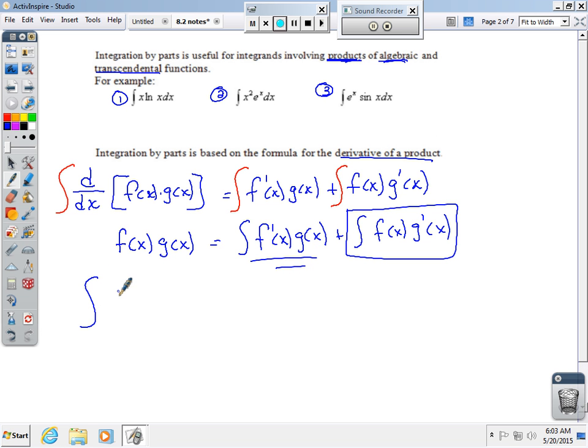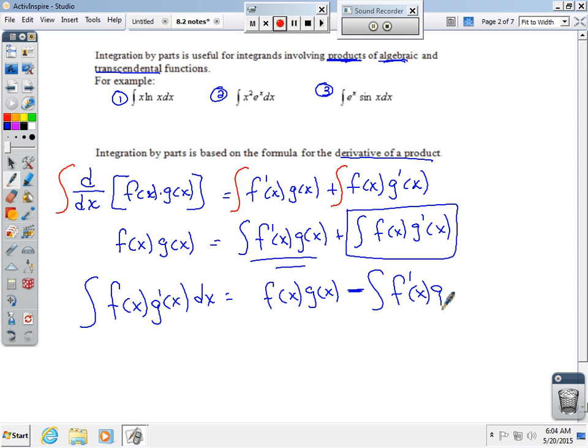The integral of f of x g prime of x, I forgot my dx at the end of this, dx is equal to f of x times g of x minus, when I move that over, the integral of f prime of x g of x times dx.